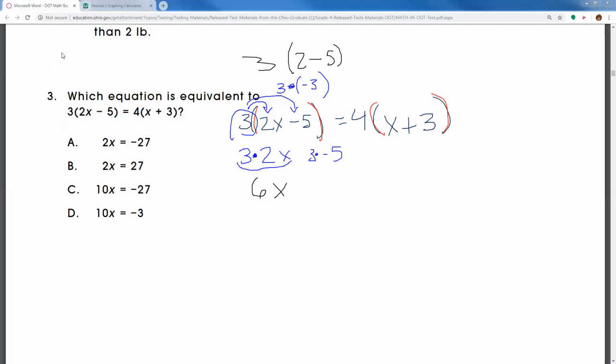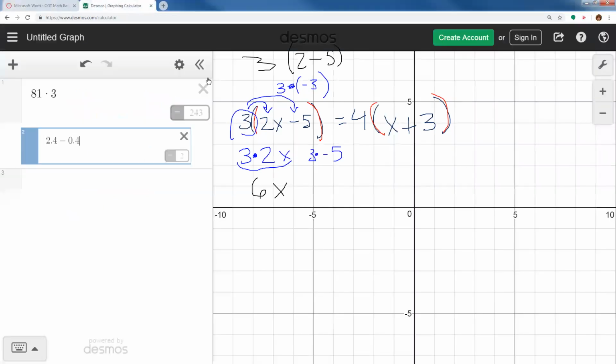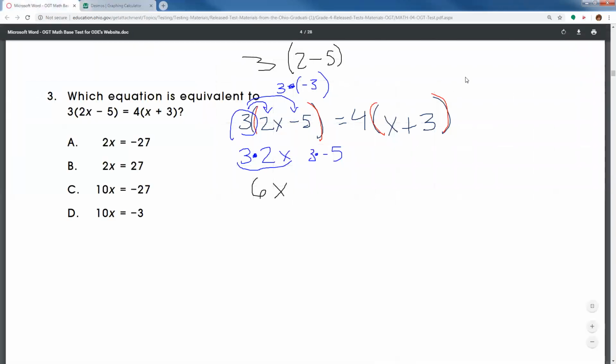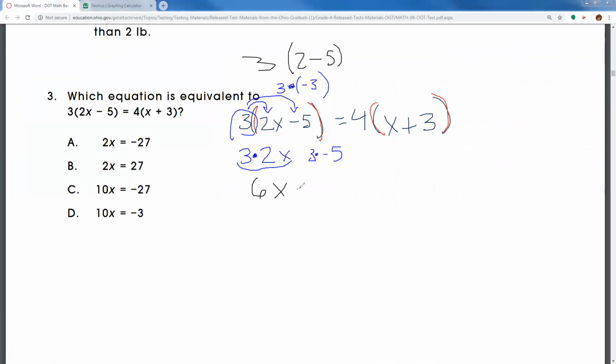Negative 15. Yep, when you have a positive times a negative, it always comes out negative. And that's different if you have addition. 3 plus negative 5 is different than 3 times negative 5. So that's why the rules can get kind of tricky, because it's different for addition versus multiplication.